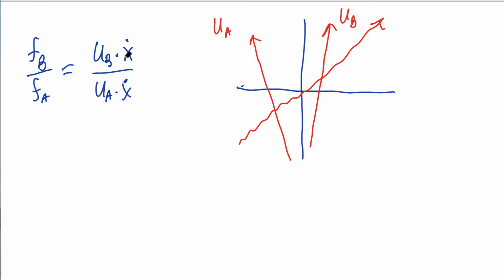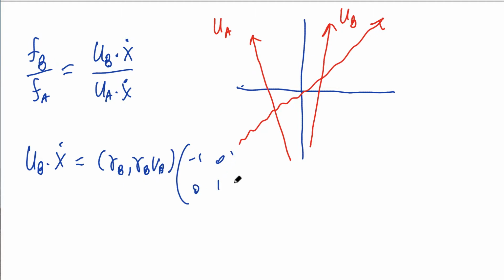So let's first compute UB dot x dot. Okay, UB is gamma B, comma, gamma B VB, and the dot is the metric, minus 1, 0, 0, 1, and x dot, remember, is 1, 1.